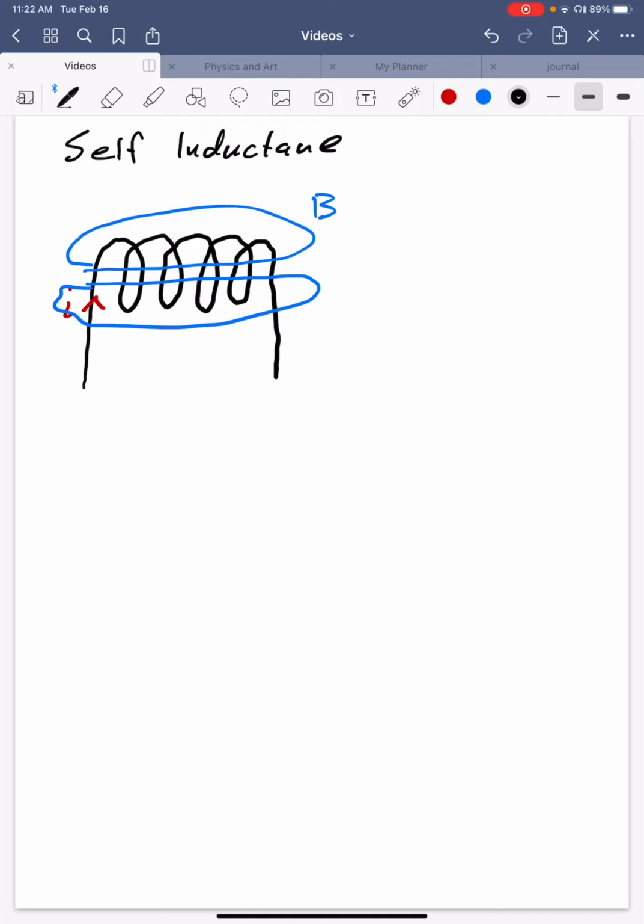Hello, everybody. So, we talked about mutual inductance, and now we're going to talk about self-inductance. Imagine a single coil now, and that single coil has a current running through it and a magnetic field that it generates. Well, if this current I is a function of t, then I have a changing delta phi b over delta t.